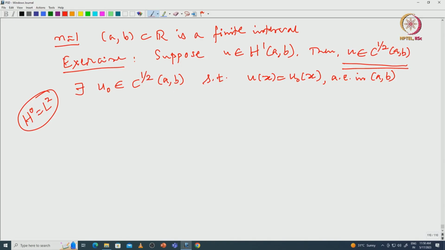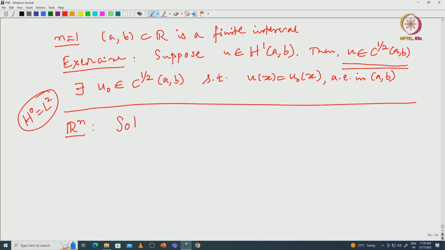One more thing I just want to mention: in the case of Rn, there is another way of defining Sobolev spaces.